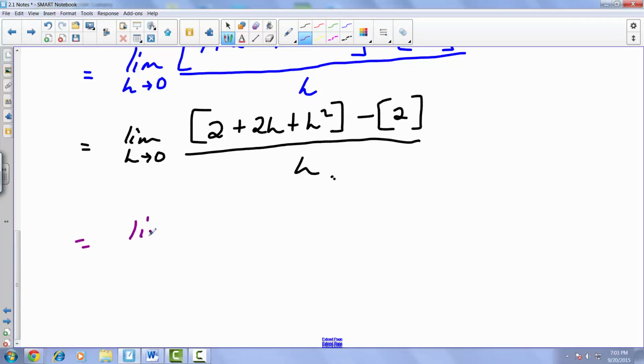We then end up with a limit as h goes towards 0 of going ahead and subtracting now. We see on top that these 2's are the only things that can be subtracted. So those are actually gone now because we had 2 minus 2. Leaving us then with 2h plus h squared all over h.